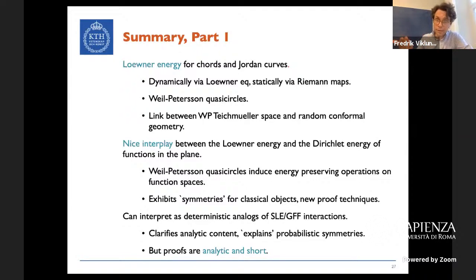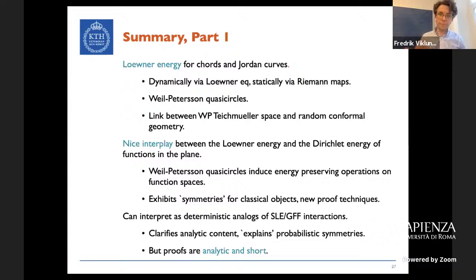And I gave one example of such a result where we used inspiration from probabilistic models to prove new things about really classical objects, things like the Dirichlet energy and the Dirichlet class, with nice symmetries for various objects that were not known before. And I argue that we can interpret our results as deterministic analogs of SLE-GFF interactions.